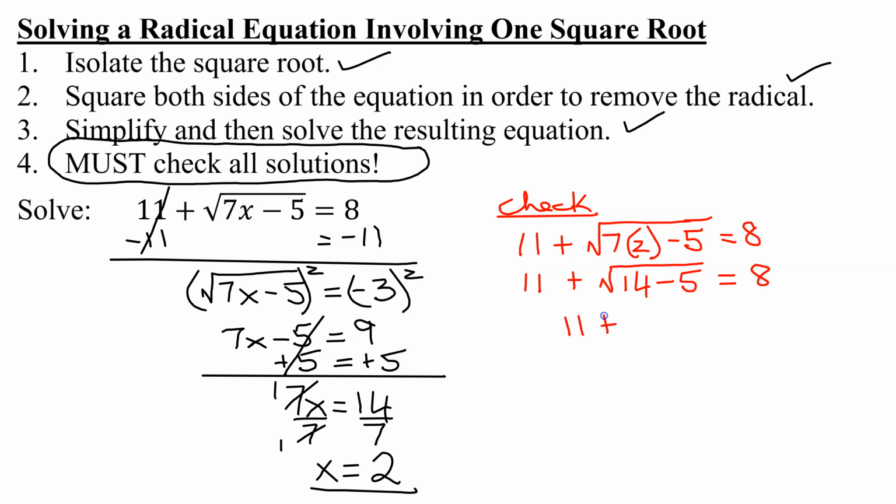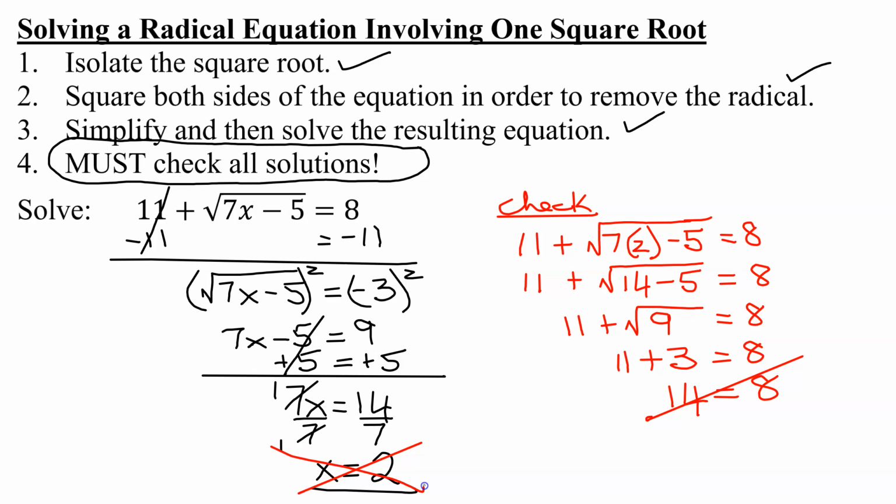So 11 plus the square root of 14 minus 5 is 9, equals 8. So 11 plus the square root of 9 is 3, should equal 8. Well, does 14 equal 8? No. Therefore, this is an extraneous solution. It was the only solution I came up with.